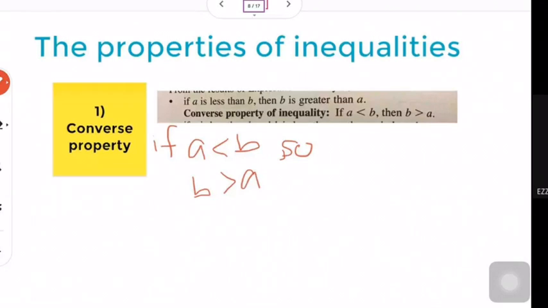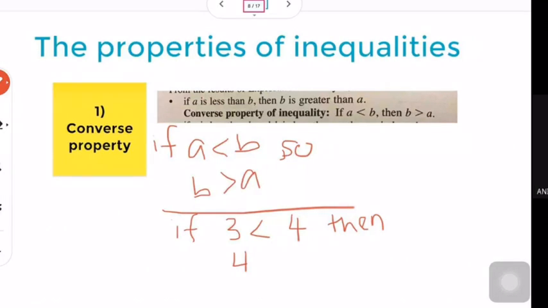Okay, let's give a numerical example. If 3 is less than 4, then 4 is greater than 3.